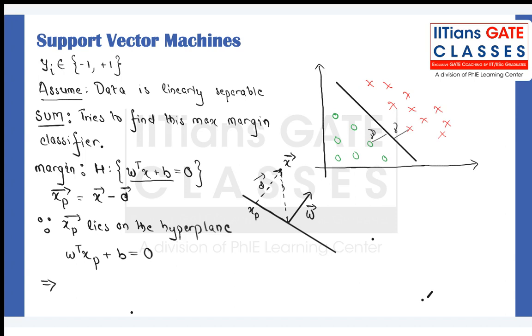So W transpose (x minus d) plus b is equal to 0.